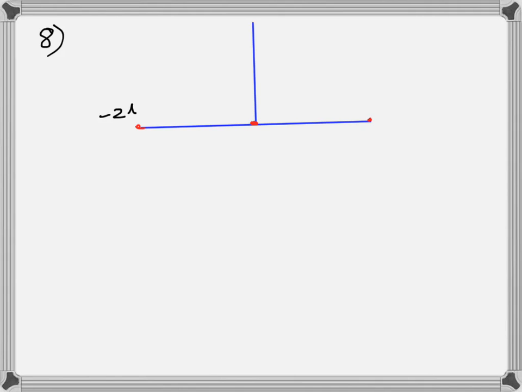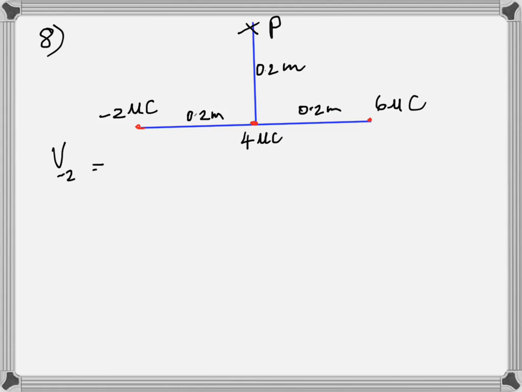I had to draw the figure again. Negative 2, 4, 6, and at that point you have to find the electric potential. Well, you know that to find the electric potential, you have to imagine that there is a 1 coulomb placed at that point, don't you? Okay? And so the potential at that point P due to negative 2 is this.